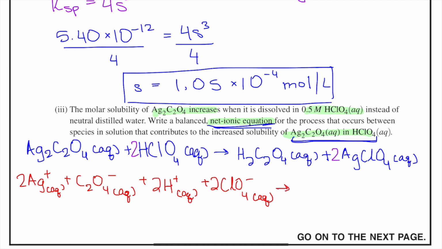And then over here is now the very interesting thing. This is what you have to realize to get the question right. This over here is oxalic acid. Now, you may not know the chemical formula of oxalic acid off the top of your head, but you do know that this is not one of the acids that you memorized in your list of strong acids. So this has to be a weak acid.